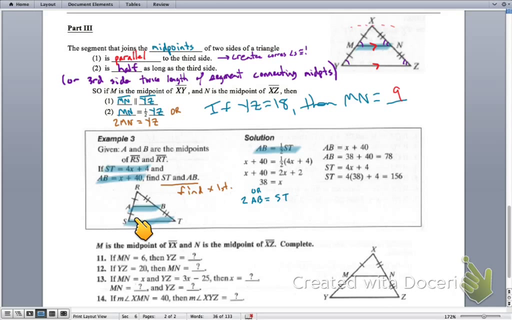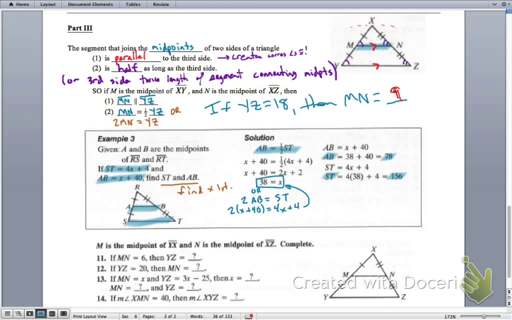I think where we were was saying that here, to solve for x, if we have a mid-segment, either segment AB is equal to half the length of ST, or 2 times AB is equal to 1 ST. They chose to do the half thing. I say do the 2 times thing. That way you can avoid fractions.